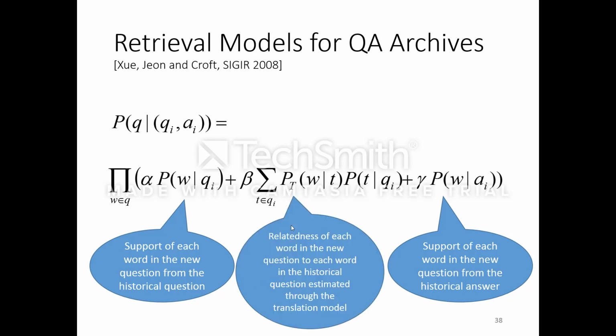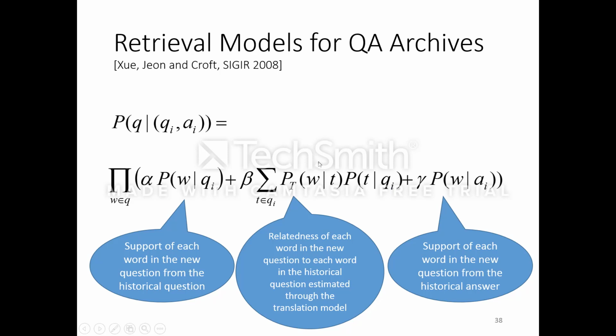So you look at every word W in the new question, and you look at every term T in the historical question Qi, and you multiply these. So the inner summation has two terms within it. One is the relatedness between W and T, and the second term, which is joined with the other one in the product form, is the probability of T given Qi, which is the probability of generating T from a language model learned over Qi.